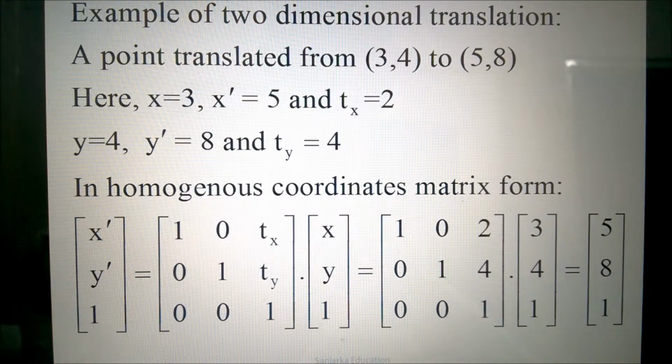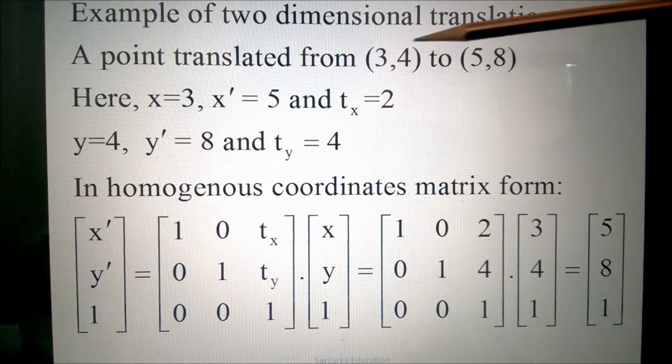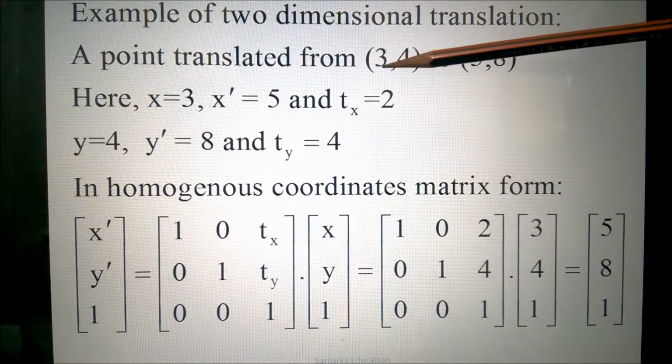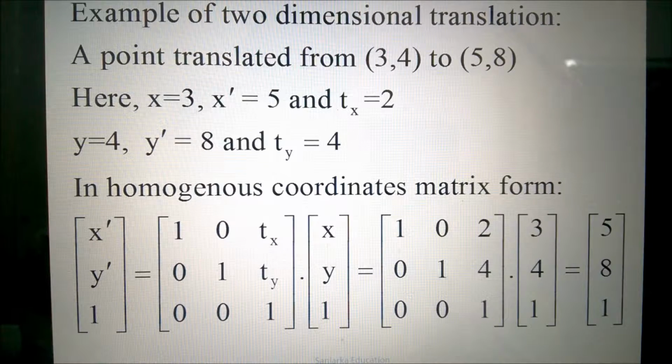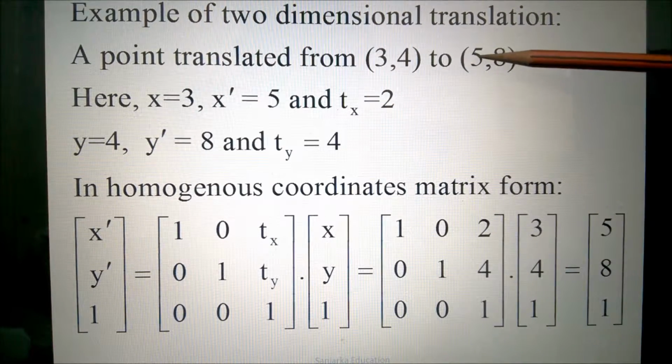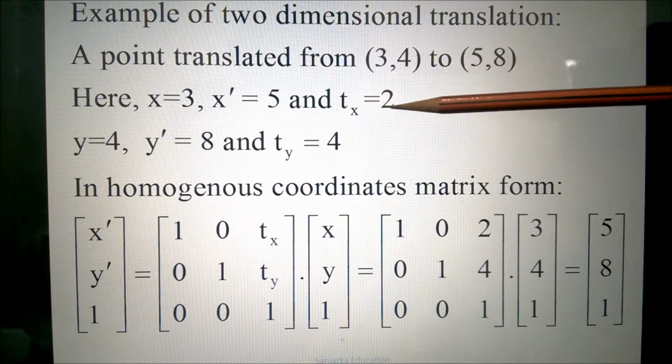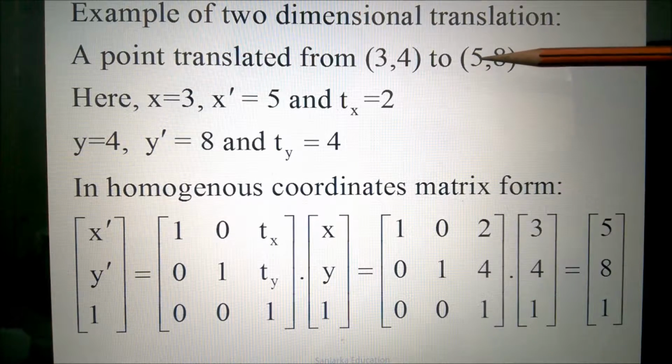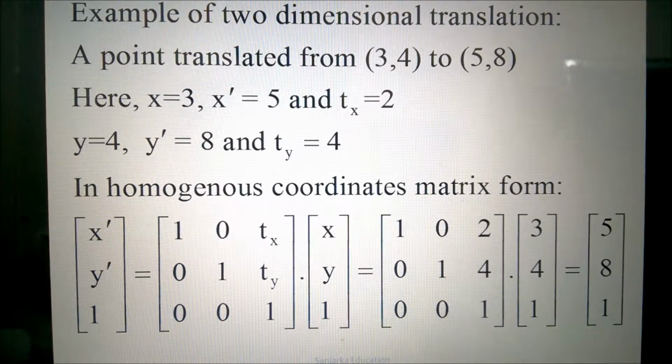Now we'll take up one example of two-dimensional translation. Here you can see the point is (3, 4), and it is moved to another point (5, 8). In that case, the translation distance in the x coordinate is tx, 5 minus 3, we get 2, and the translation distance in the y coordinate is 8 minus 4, we get 4.